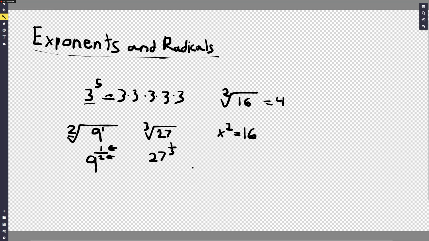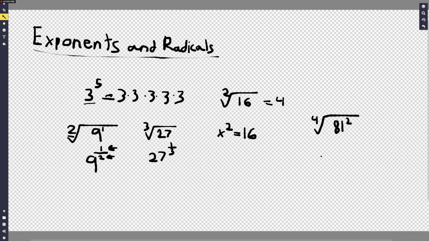Now, let's get a little more complex, okay? How about we do the fourth root of 81 to the power of 2. So there's a few things we can do here. One, we could evaluate this like normal, right? So 81 to the power of 2 and then find the fourth root of that. Or we can start writing it like the exponents that we've seen.